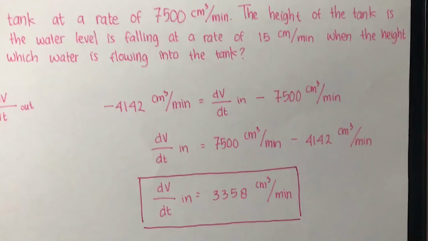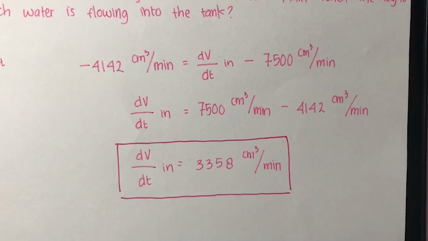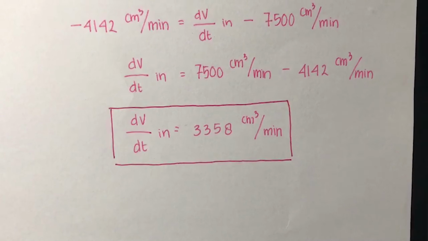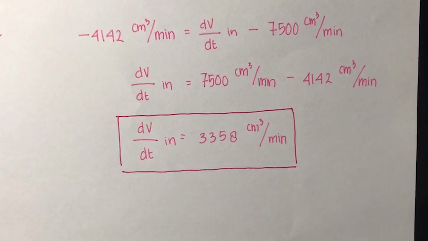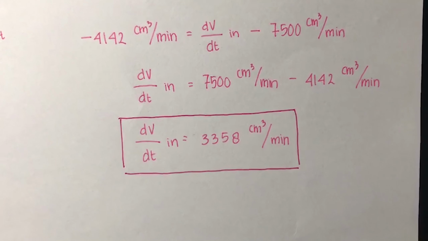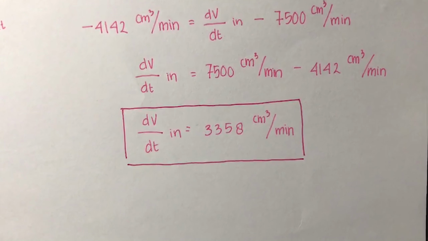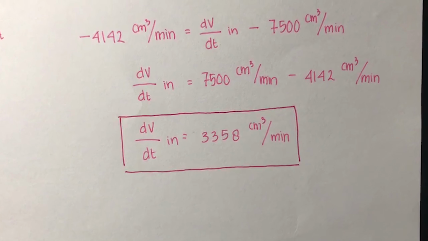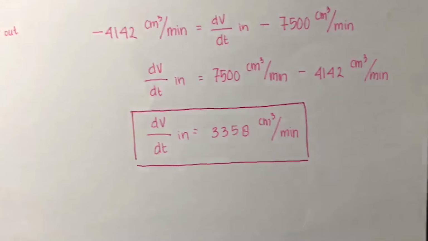So we can put that in here, and we will find the dV over dt when the water is flowing into the tank as 3,358 centimeter cube per minute.